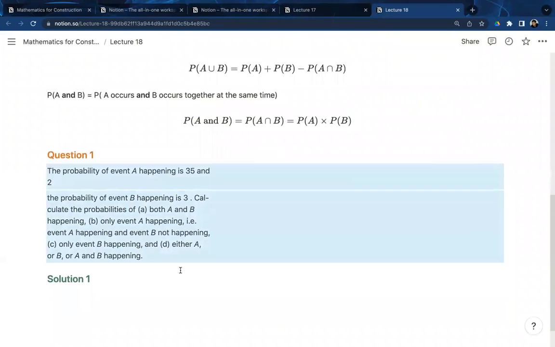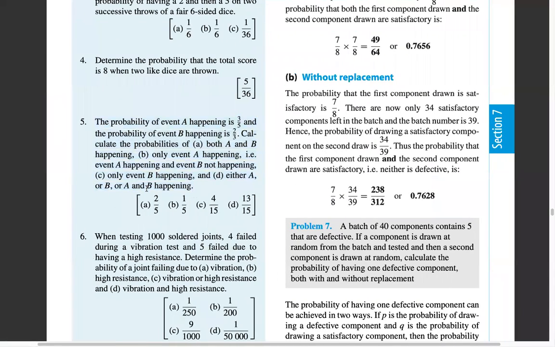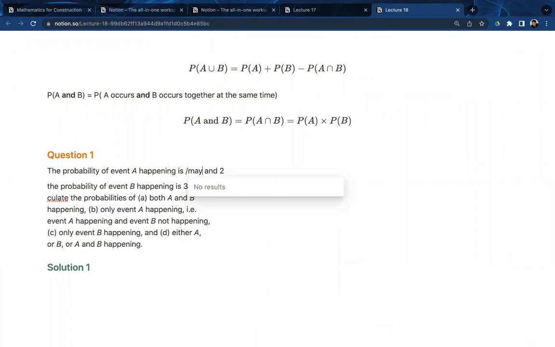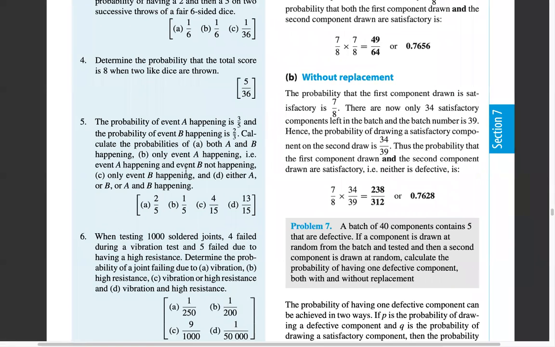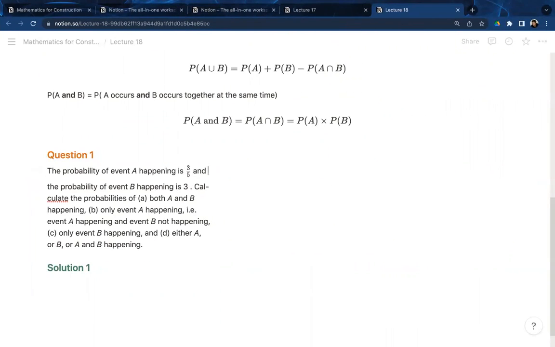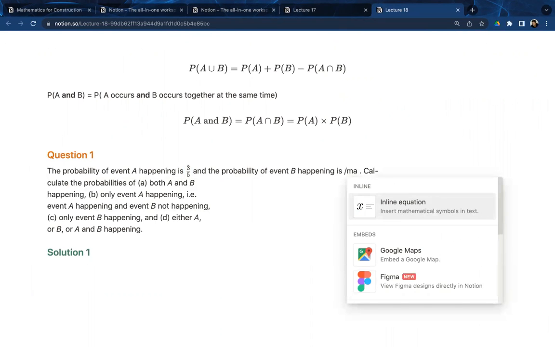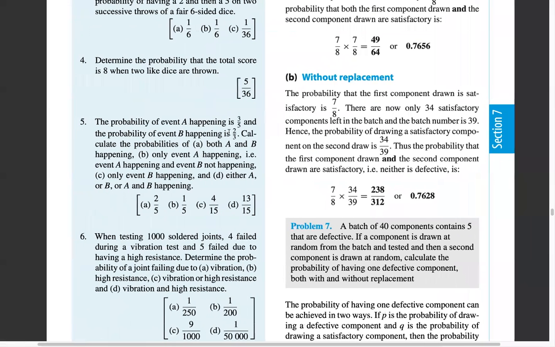Let me try and paste this. B happening is 2/3, A happening is 3/5.